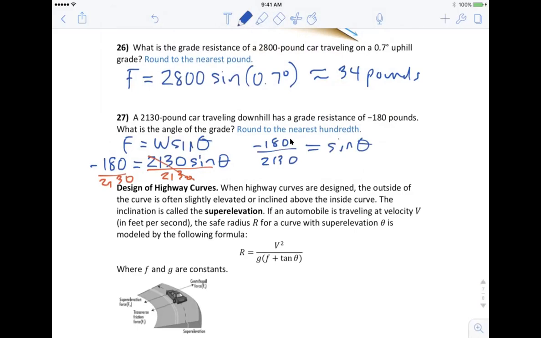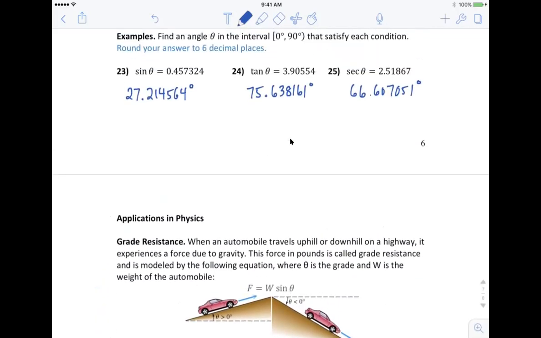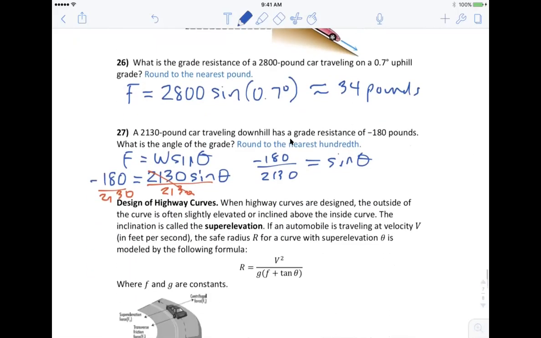So this is kind of going back to a problem where you have sine theta equal a number. Remember, in order to calculate that, theta is going to be sine inverse of that number. That's how we calculated that one, and that's how we're going to calculate this one.